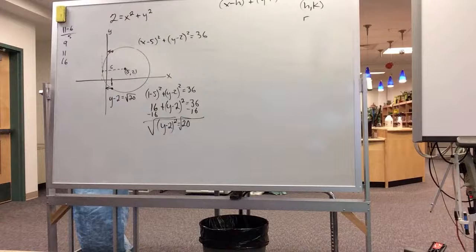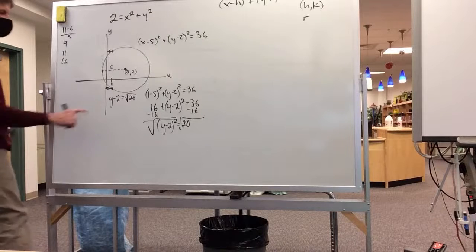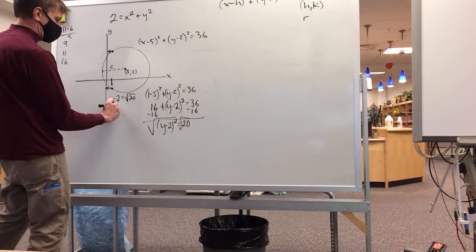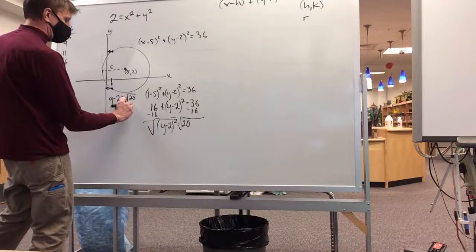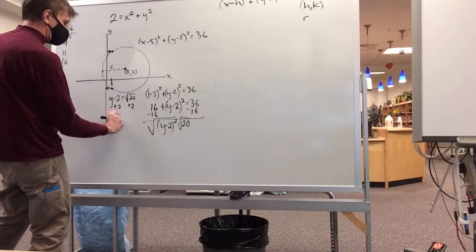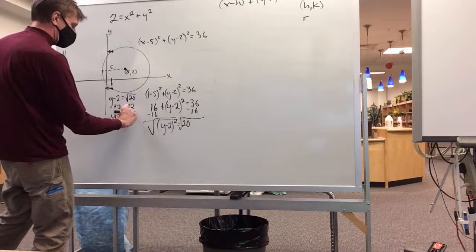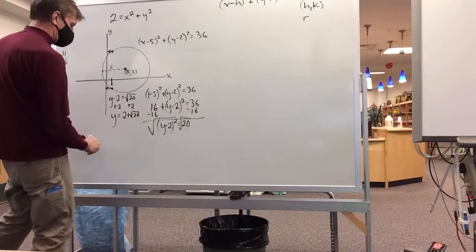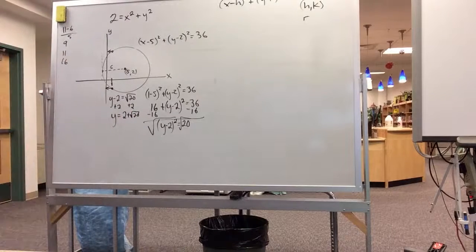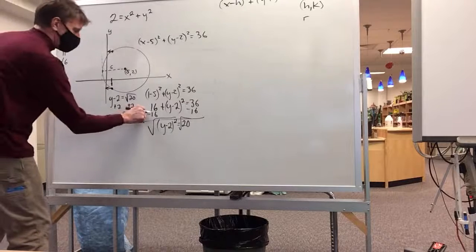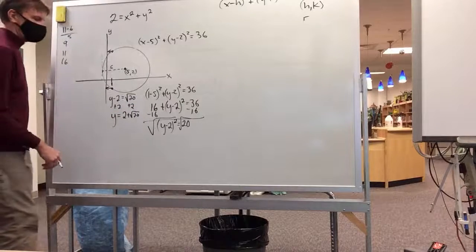Now what? We add 2 to both sides. So this is one solution: 2 plus the square root of 20.